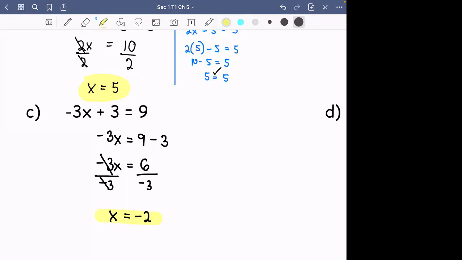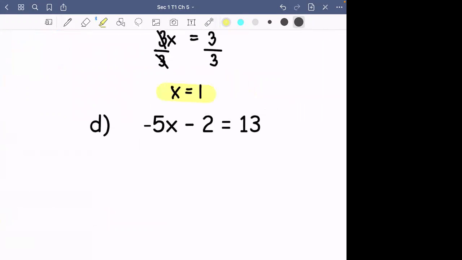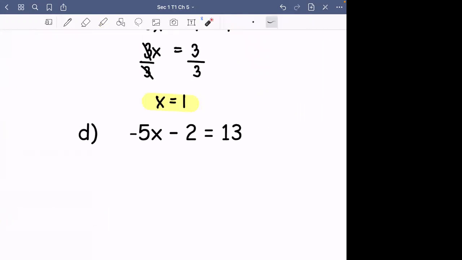How about letter D? Again, we isolate x, so we remove everything except x. I transpose -2 first on the right side. So we bring down -5x equals 13. From -2, it becomes what? +2 here.